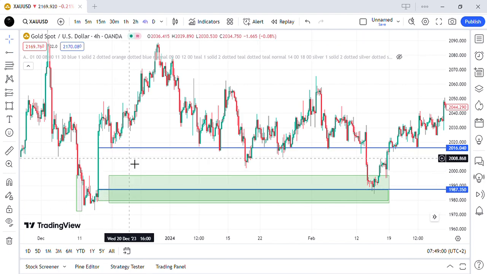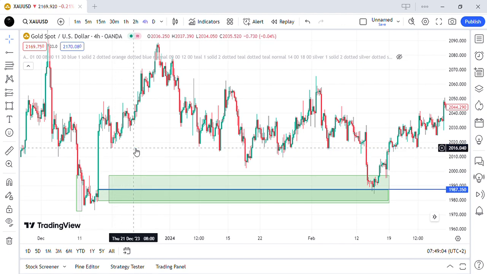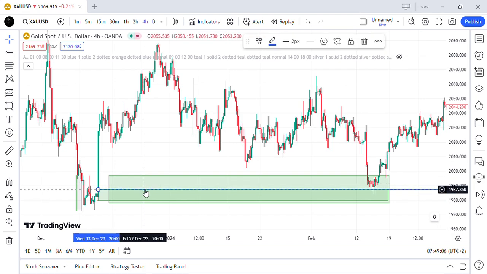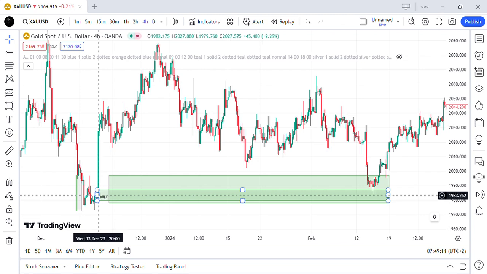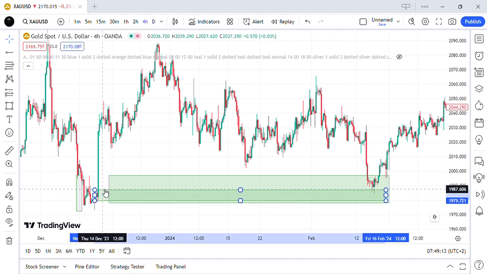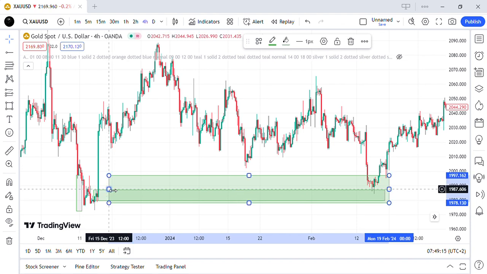All the space between these two lines is an imbalance, and the market must come back and fill all these imbalances until here. Look what happened.